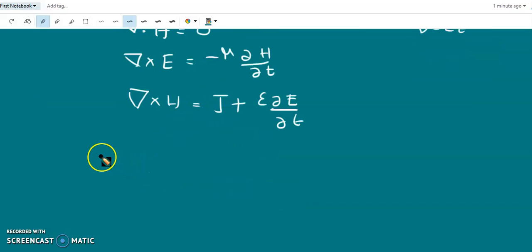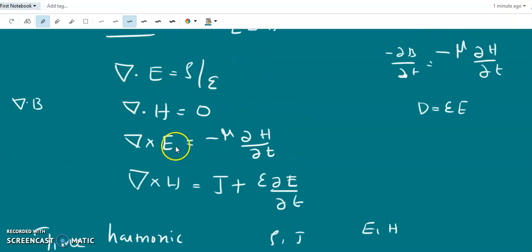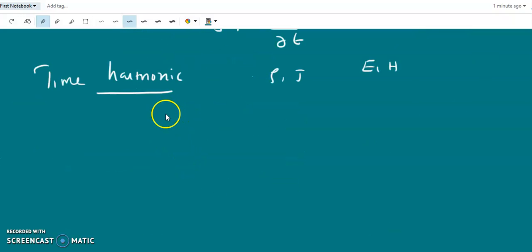So now we are going to write the corresponding time harmonic Maxwell equations. When the sources rho and J are harmonic in time, the corresponding fields E and H are also harmonic. So we can write this in phasor notation. Rho and J are source phasors, and E and H are the vector field phasors. So here we can write del dot E is equal to rho by epsilon, no change.